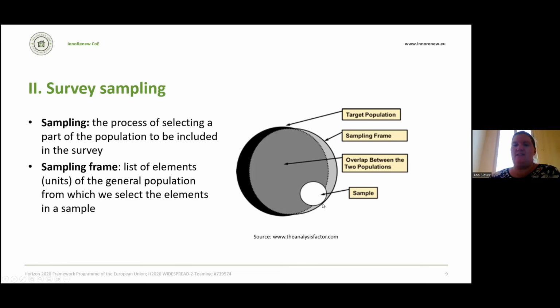And this sample is a small segment of the whole population that you target with your survey. There are also surveys that do a full population. You invite everyone in your population to participate. If it's a small university, you would invite everyone to participate.